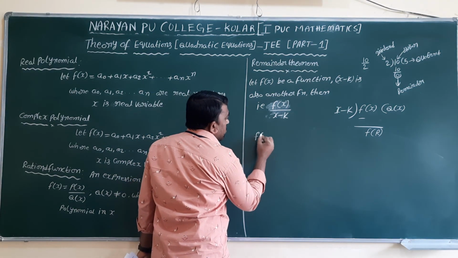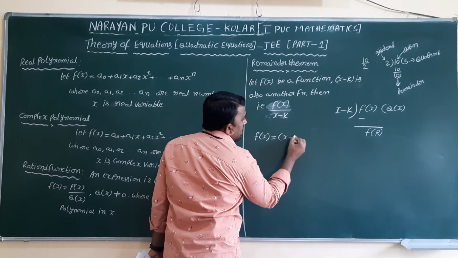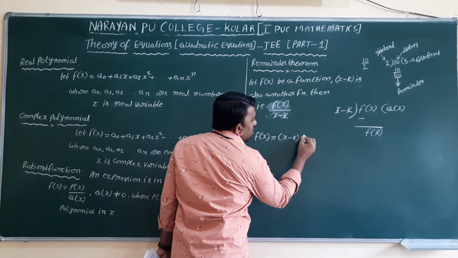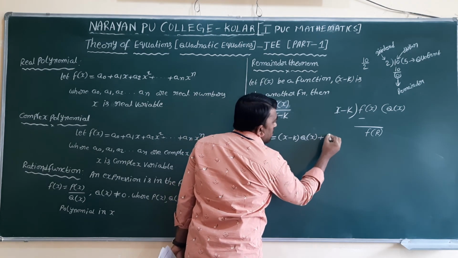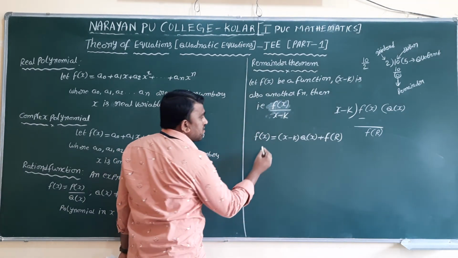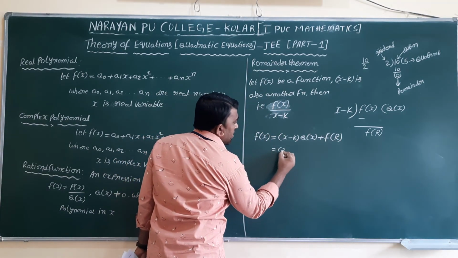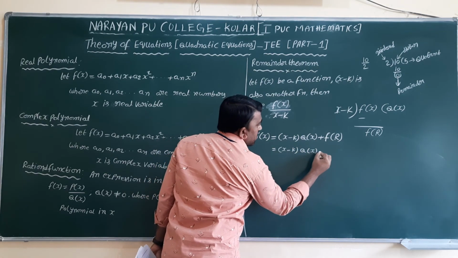f of x equal to x minus k into q of x plus r.